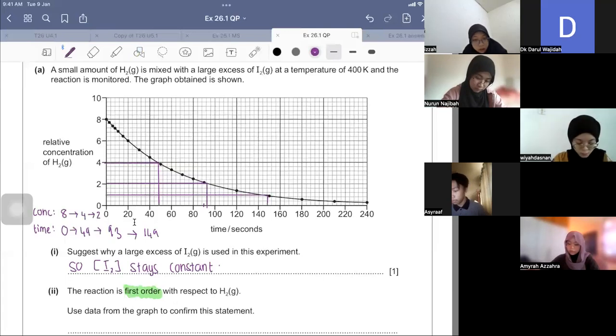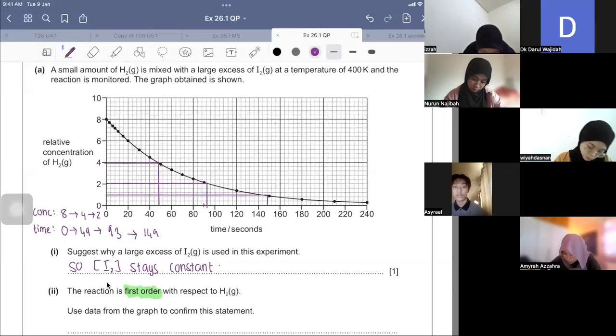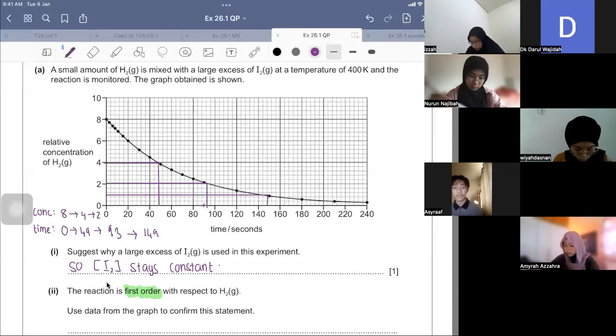So let's see. Oh, that's a bit off. What numbers are you getting? The range in the mark scheme should be between 45 and 55. Did you get those numbers? 45 to 55.